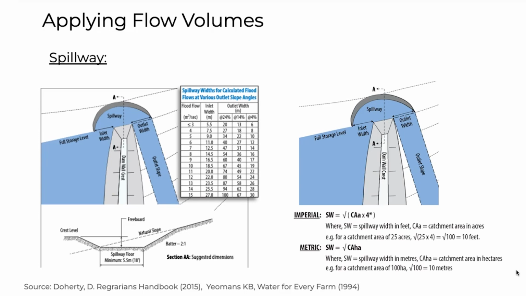This is for really large dams, and a quicker calculation that's been developed by KB Yeomans is to take the square root of the catchment area in acres and multiply that by 4. And the metric formula is just the square root of the catchment area in hectares.